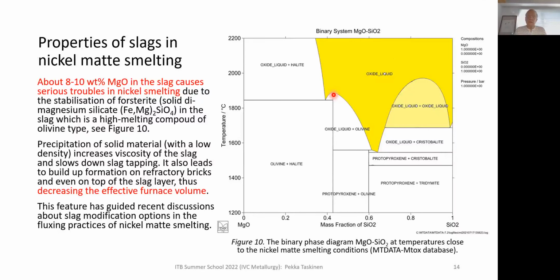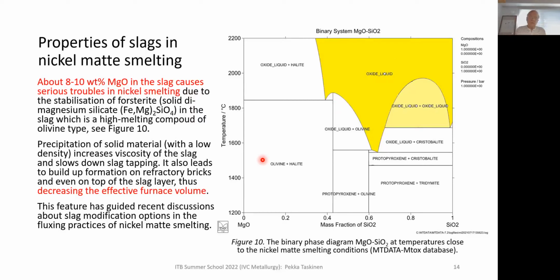So this is a serious problem, and in an even more serious way, it may form solid floating covers on top of the slag layer, where it is almost impossible to remove by heating up the slag only.